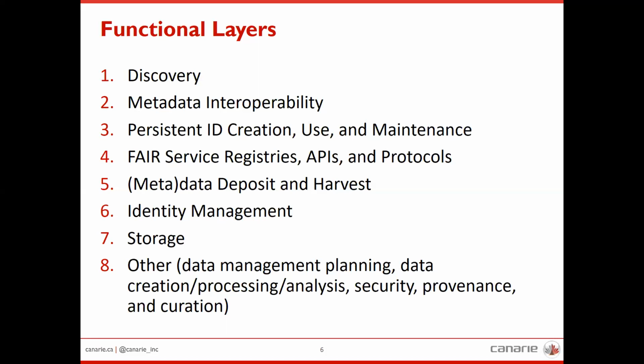So whether that metadata interoperability is achieved through some level of mapping or enhanced software tools that facilitate mapping, or in the adoption of common metadata schemas in multiple disparate platforms. Persistent IDs are increasingly seen as an important part of the framework, whether it's the creation, use, or maintenance of those IDs, and whether it be things like ORCIDs or DOIs, an increasing number of IDs in other contexts.